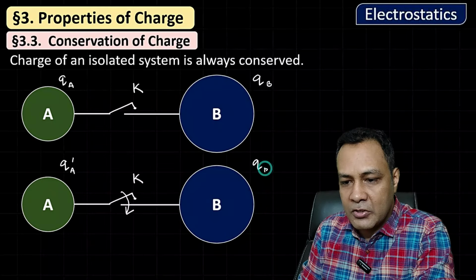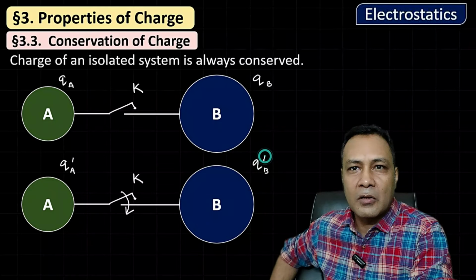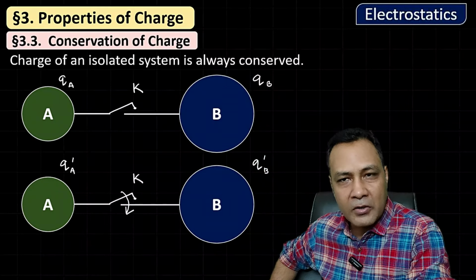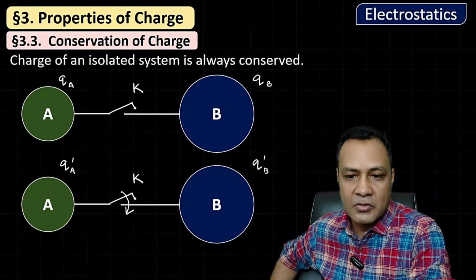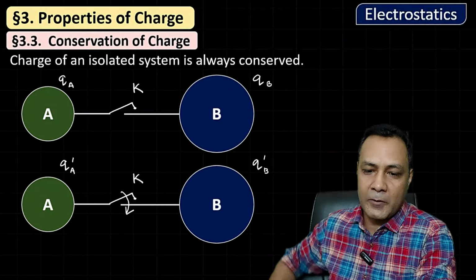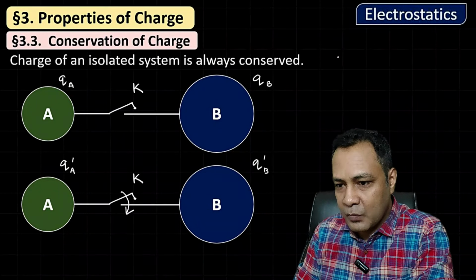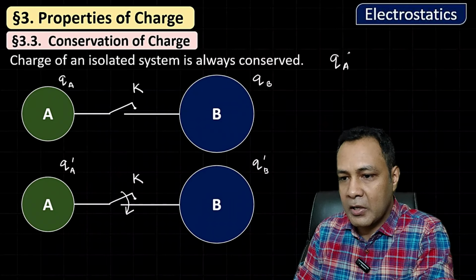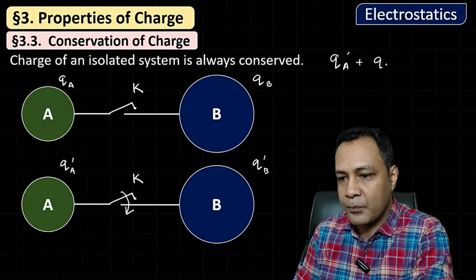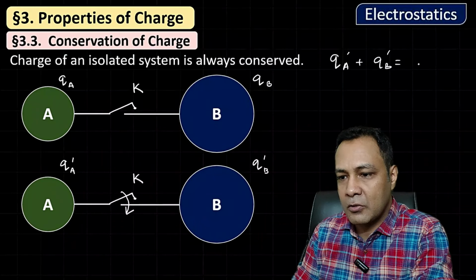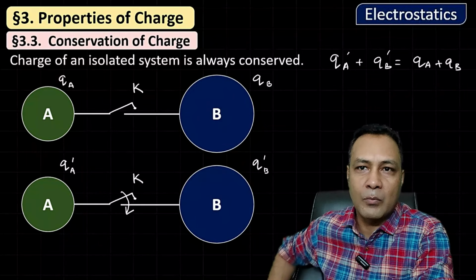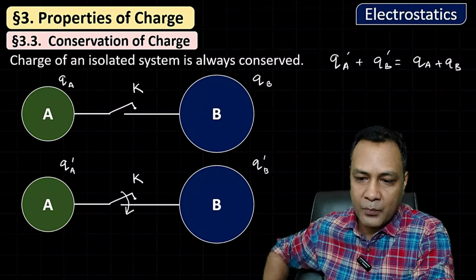So that can change, but the total charge cannot decrease or increase, it will remain conserved. That is the meaning of conservation of charge. The final total charge QA dash plus QB dash is equal to the initial total charge QA plus QB, and that is what we mean by conservation of charge.